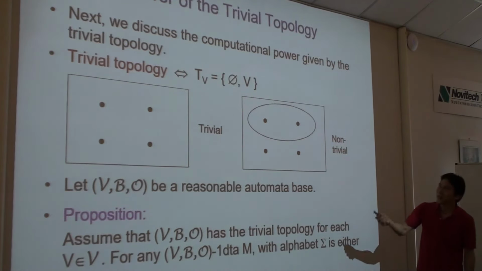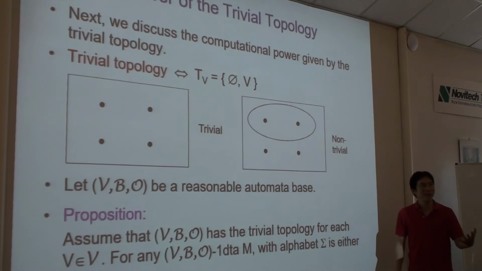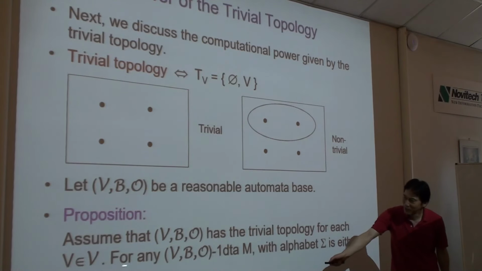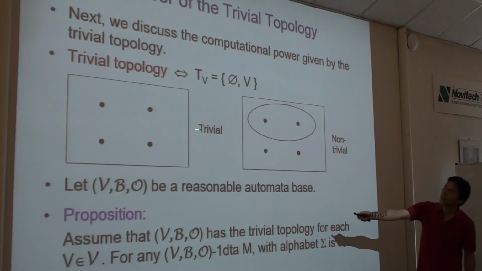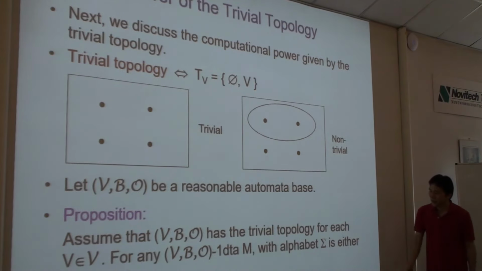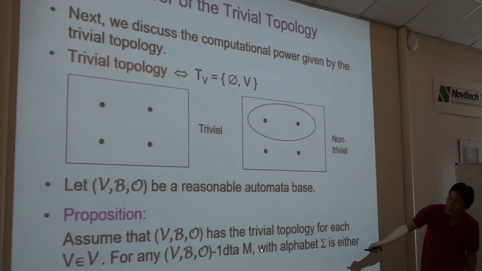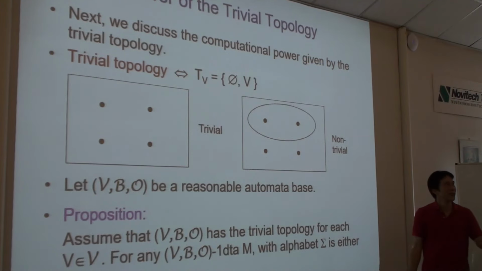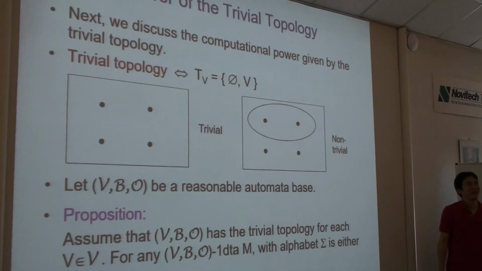For the trivial topology, what we can say is very simple. If you take a one DTA using this topology, with an alphabet sigma, this DTA recognizes only the empty set or the entire sigma star. That's it. Nothing else.